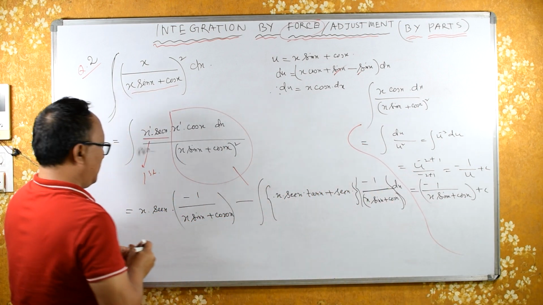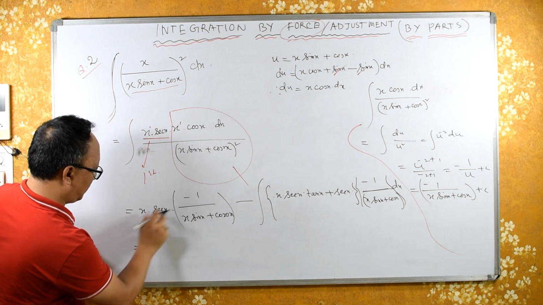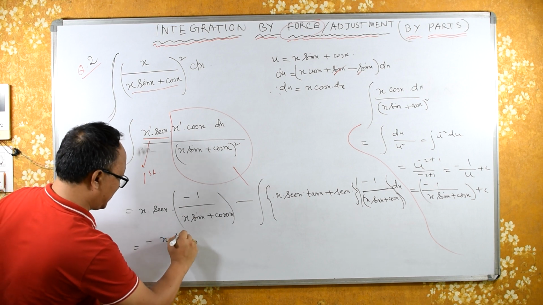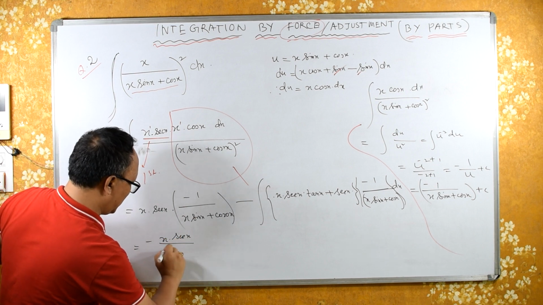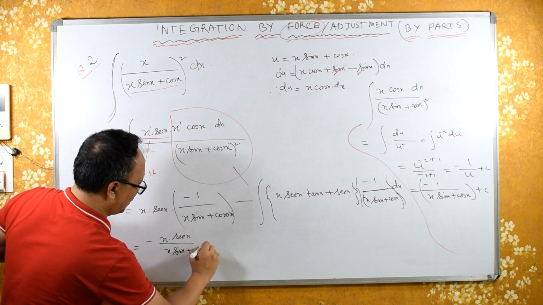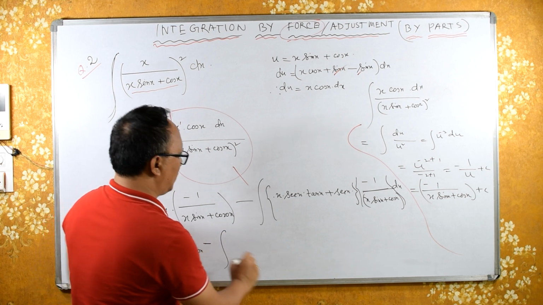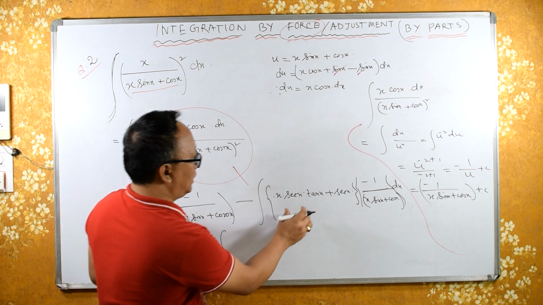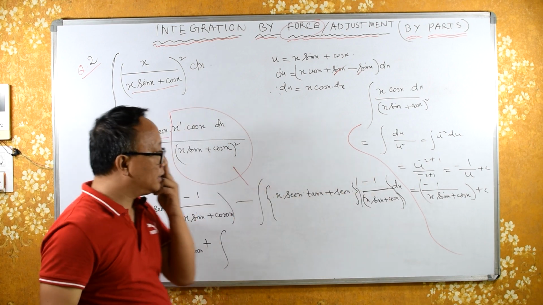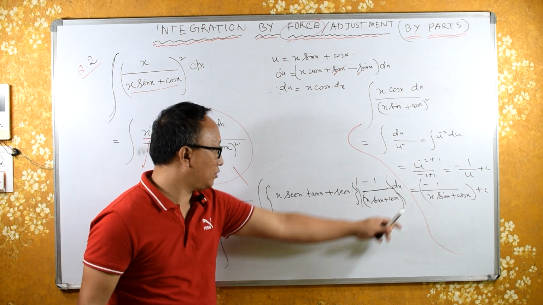Now over here, this is the same as I can write minus x into sec x upon x sin of x plus cos of x, minus the integral. Now let's take minus plus, I like plus. Okay, here minus and minus plus. Now let's convert everything into sin and cos, because here we have sin and cos over here.